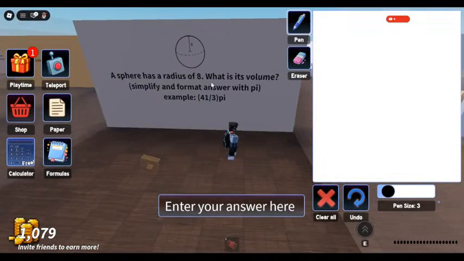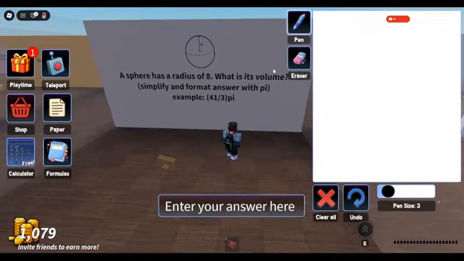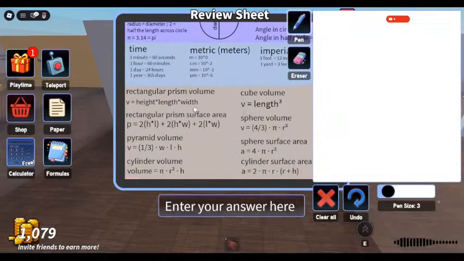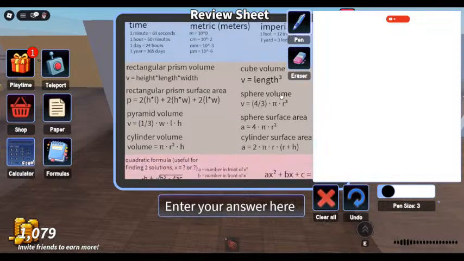A sphere has a radius of 8. What is its volume? I think it's 4 pi r squared, right? In here, cube, sphere, or oh yeah, 4 over 3 pi r cubed.